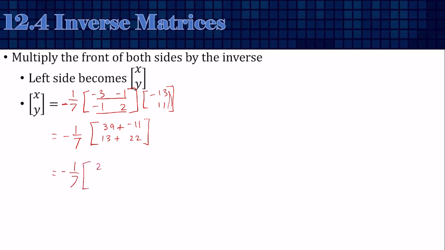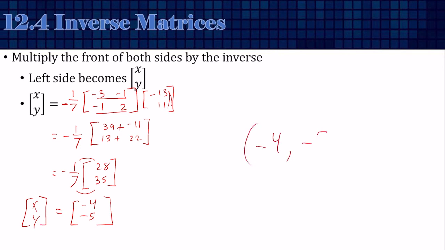Which gets me 28 and 35. When I multiply it by negative 1/7, so now we'll distribute, I get negative 4 and negative 5. So that was x, y. So my answer is negative 4, negative 5 solves the system of equations.